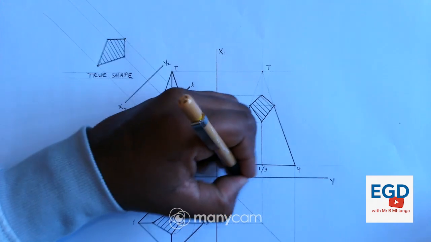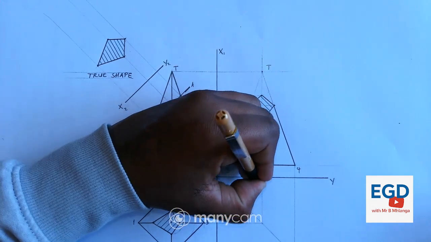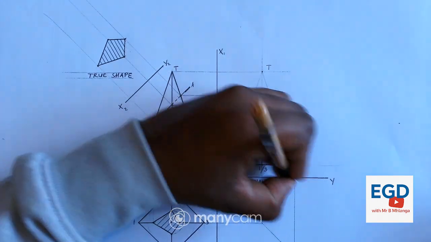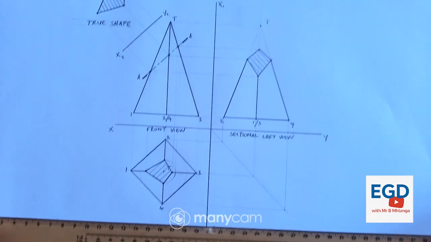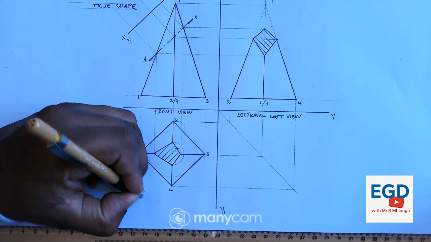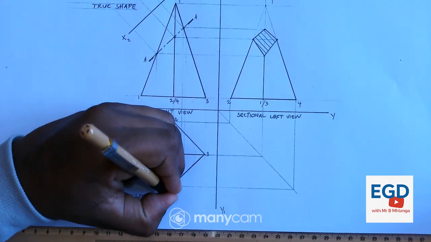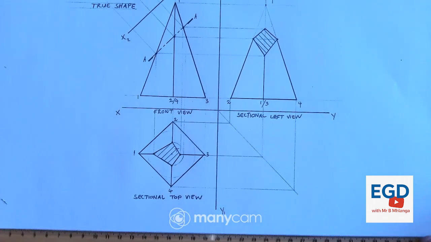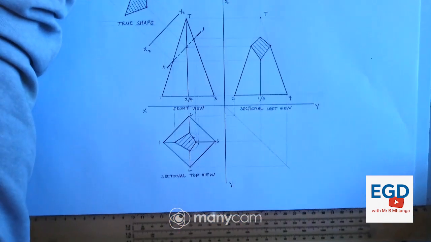And then this view is our sectional left view, and we also have our sectional top view there. So this is our sectional top view. So this is our complete drawing for this question on page 64.